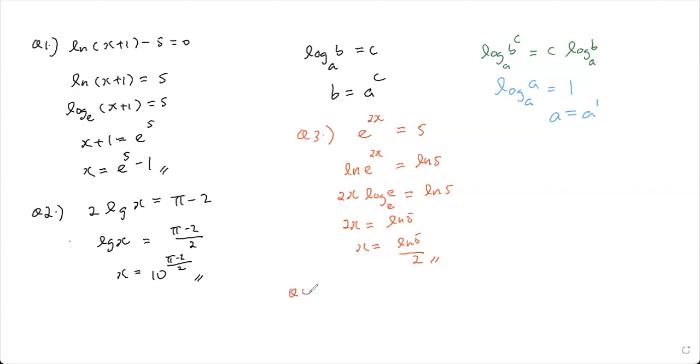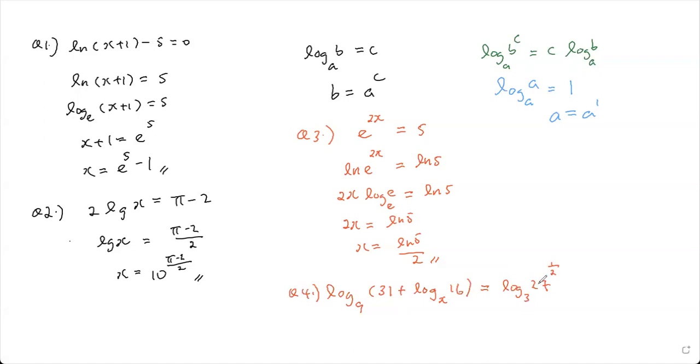Question 4: log base 9 of 31 plus log base x of 16 is equal to log base 3 of 27 to the power of half. So what is 27 to the power of half?